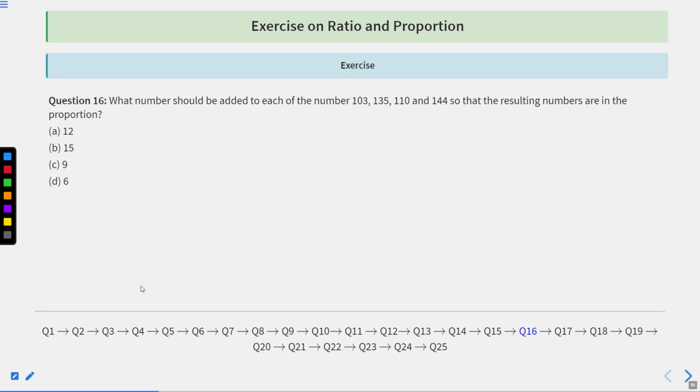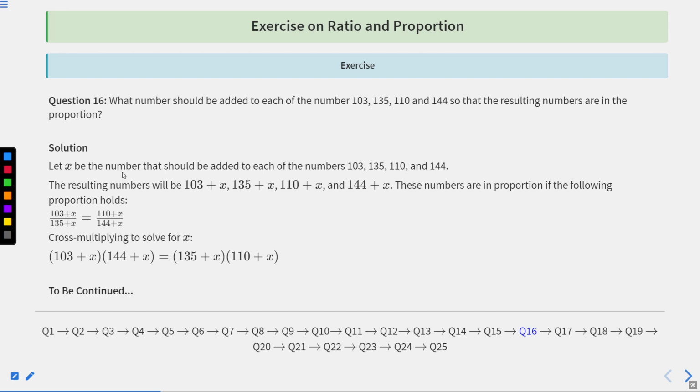What number should be added to each of the numbers 103, 135, 110 and 144 so that the resulting numbers are in proportion? Solution. Let us suppose x is the number that we should add to the numbers 103, 135, 110 and 144.